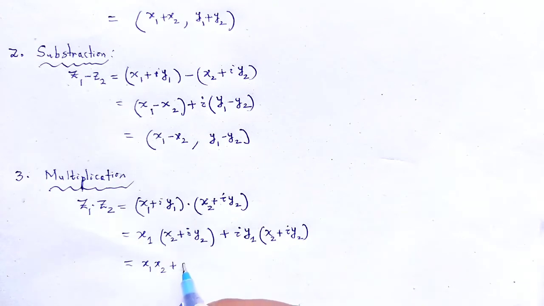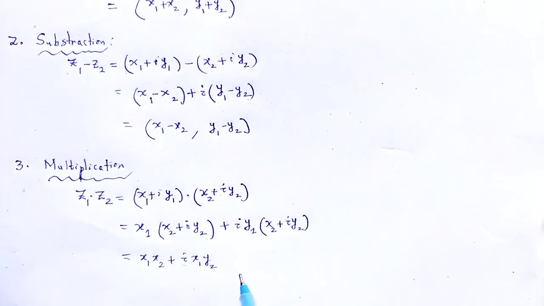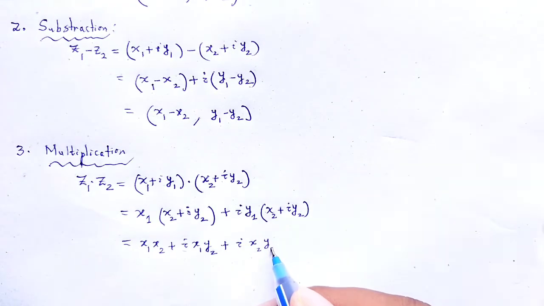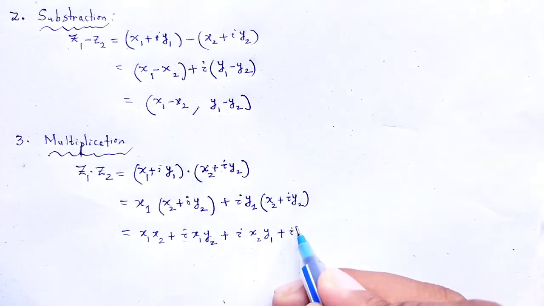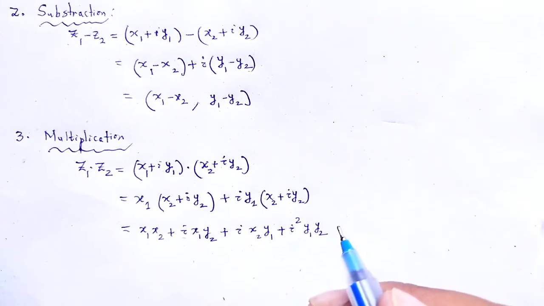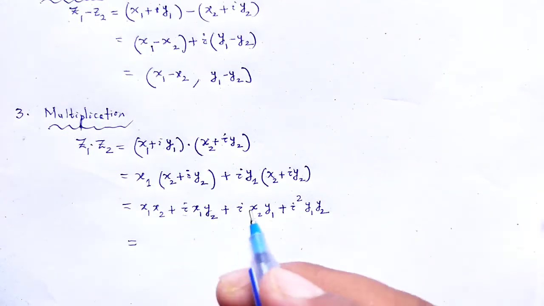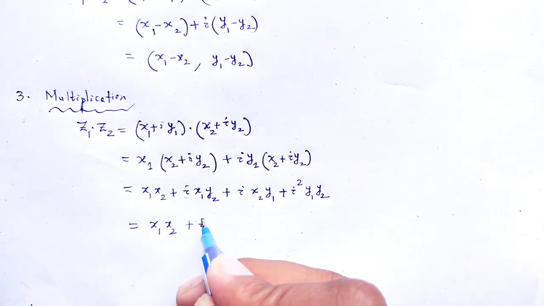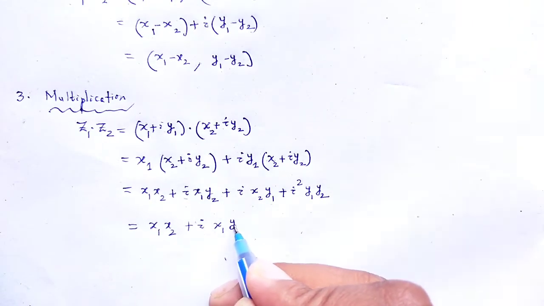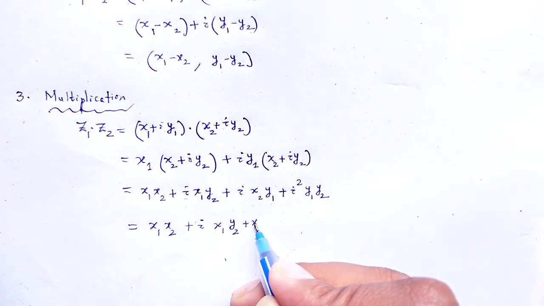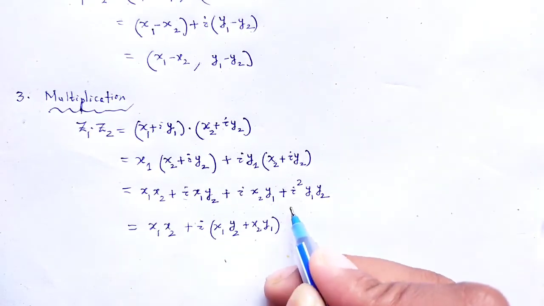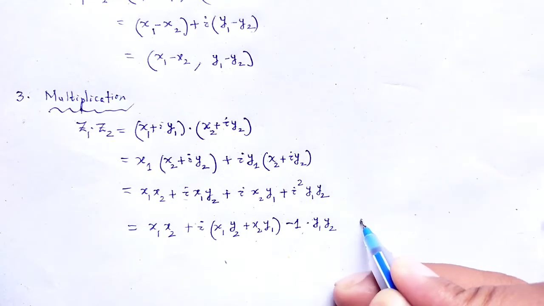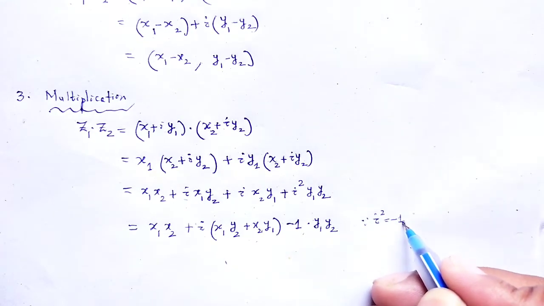That gives x1 x2 plus i x1 y2 plus i x2 y1 plus i square y1 y2. Taking i as common, we have x1 y2 plus x2 y1, and i square is equal to minus 1, so the last term is minus y1 y2.